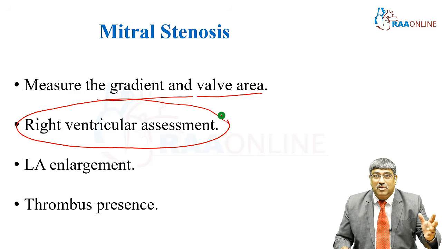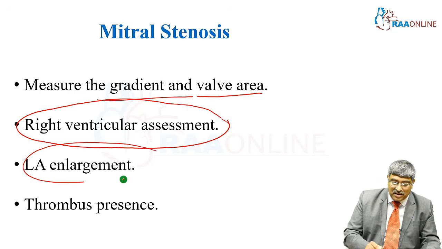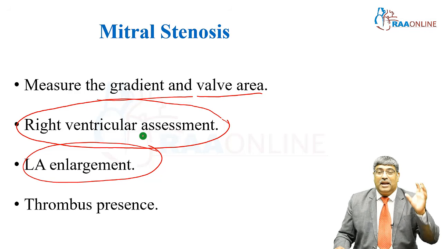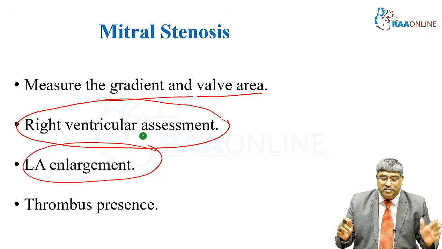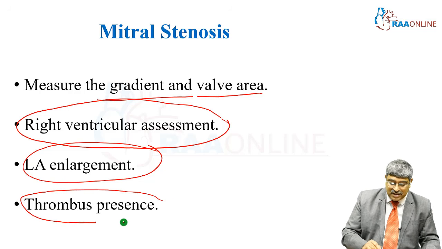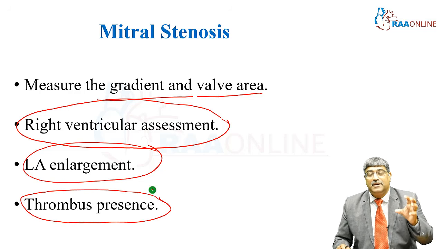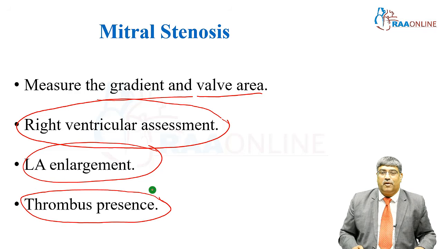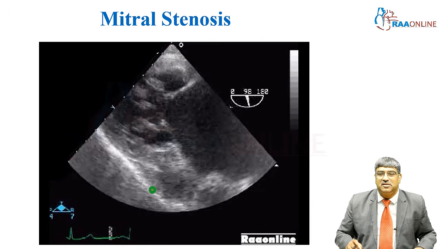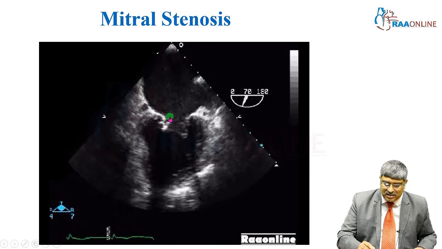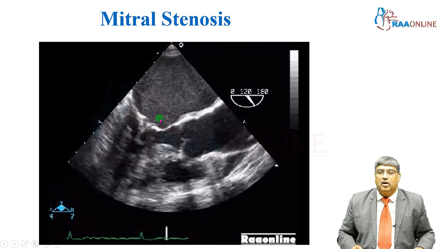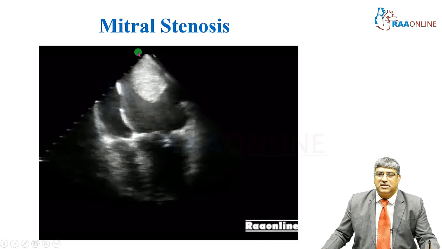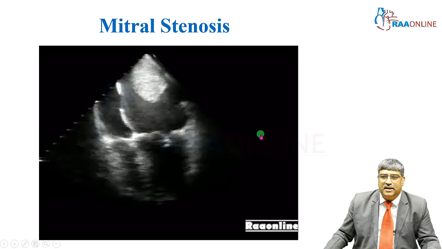So you have to look at the LA enlargement as well as the right ventricular assessment, and as the LA enlarges, there is a chance of atrial fibrillation, and as the atrium does not contract, there will be stagnation of the blood, which might lead to thrombus formation. Here you can see the stasis of the blood and the mitral valve, which is severely calcified and not opening. Here you can see a large thrombus which is attached to the roof of the LA.